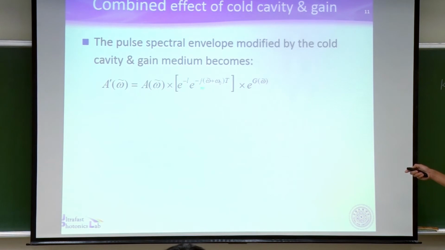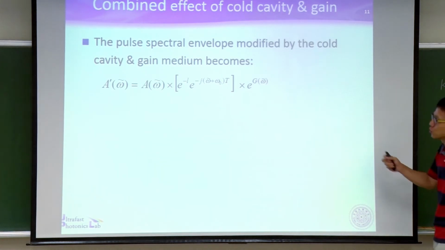There are 2 terms, the loss and the delay, right? Times the contribution from the gain medium, e to the big G of omega tilde. Okay, remember, not multiply with big G itself, but e to the big G. So big G is the gain spectral coefficient, not the gain spectrum itself.